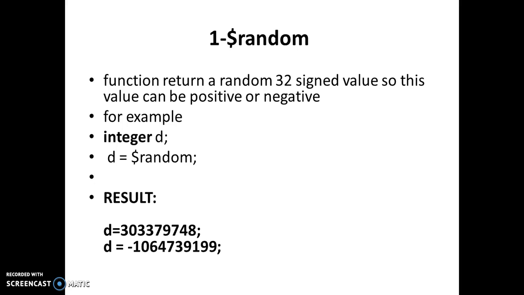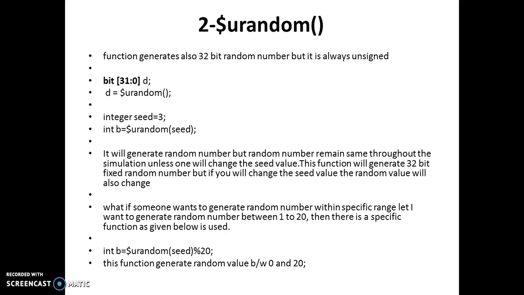So this is another way that is called $urandom. It is the same as the previous one, but there is a difference here. It is also generating 32-bit random data, but it is always unsigned. Unsigned means it always generates a positive value.